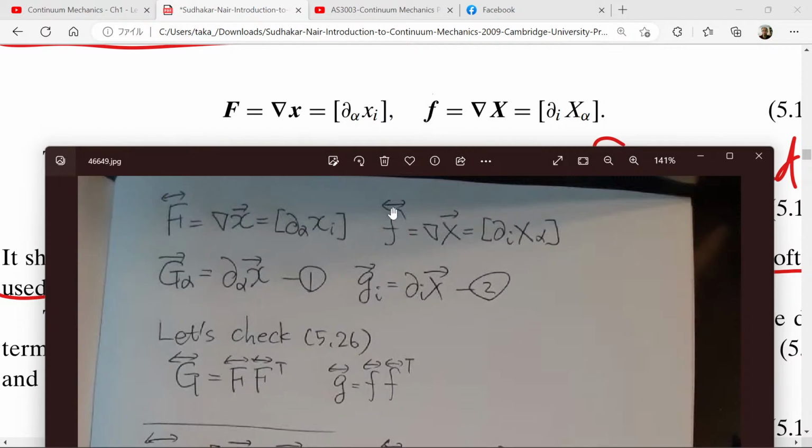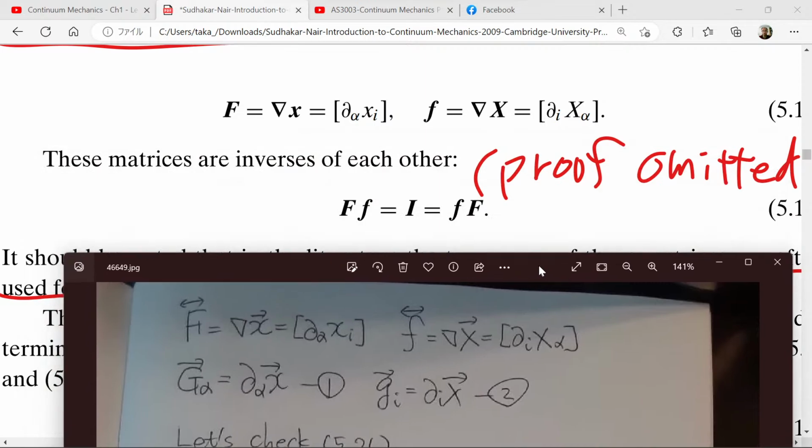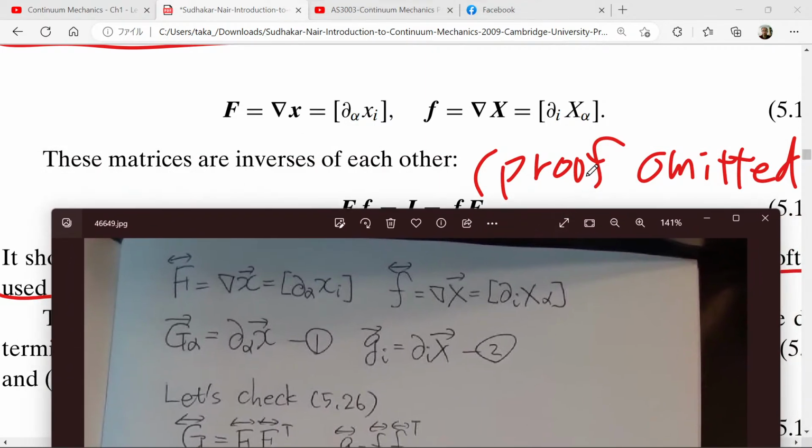A tensor is like a matrix, so I have this double-sided directed arrow. Then the definition is the gradient of x, vector x, and inside is i alpha, okay? So this i goes 1 to 3, alpha goes 1 to 3, so this is like a 3 by 3 matrix. Okay, so I think I copied correctly.